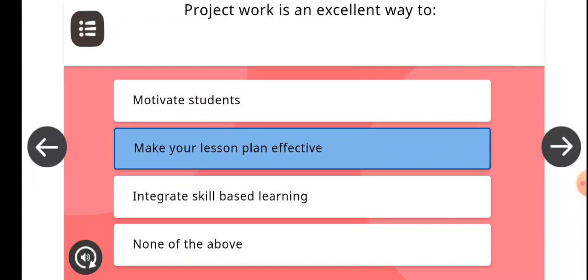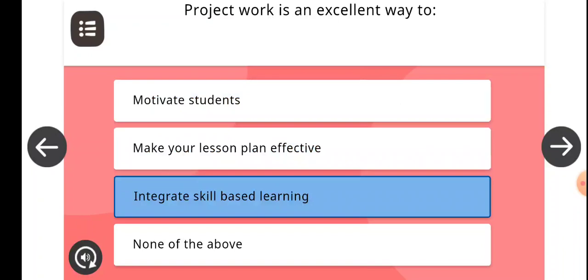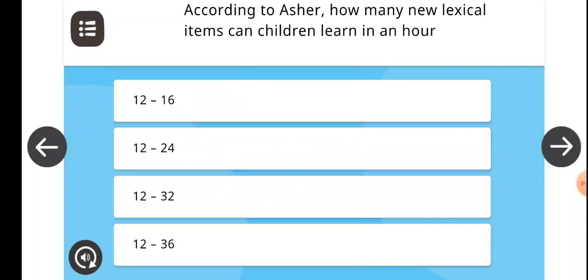But apart from these two, integrate skill based learning is the main answer, because project work helps students to think for themselves, to elaborate themselves and to cope with other children, to do group activities. All these things happen. So integrate skill based learning is the way. So C is the right answer.